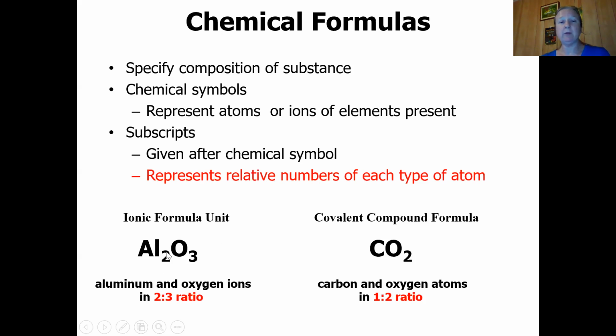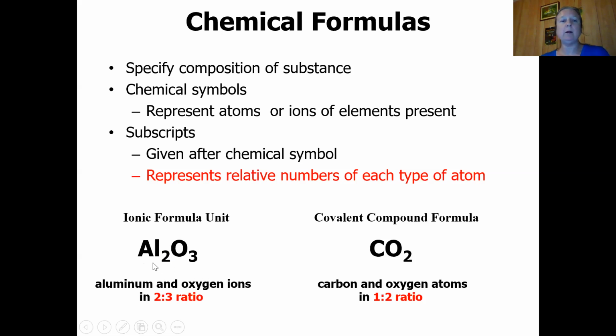Aluminum oxide has 2 aluminum, in this case an ion, and 3 oxygen ions for every single formula unit, because remember, this doesn't travel by itself. This will travel in a crystal with lots of other aluminums and oxygens proportionately around. We write it as the simplest ratio.